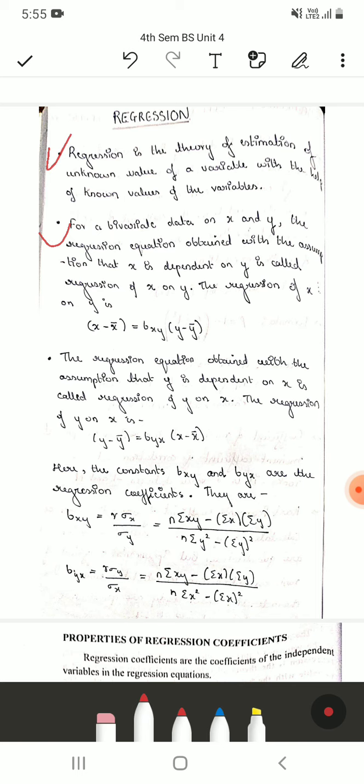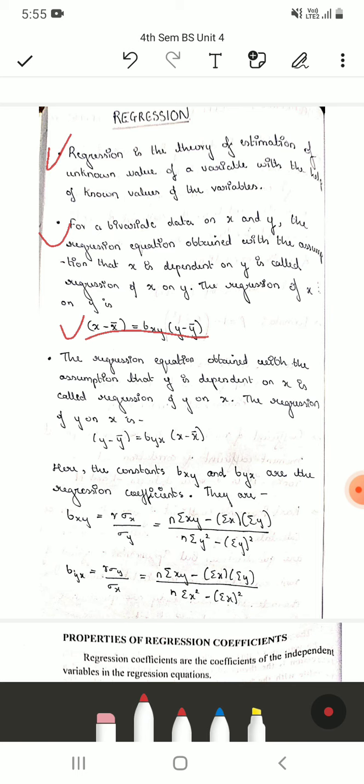For bivariate data on x and y, the regression equation obtained with the assumption that x is dependent on y is called the regression of x on y. The regression of x on y is x minus x bar equal to b suffix xy into y minus y bar. Here we are assuming that x is dependent on y.